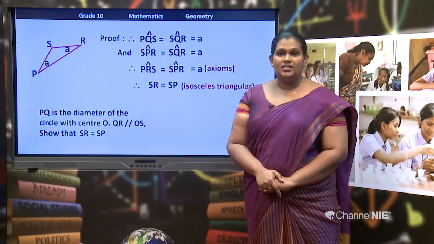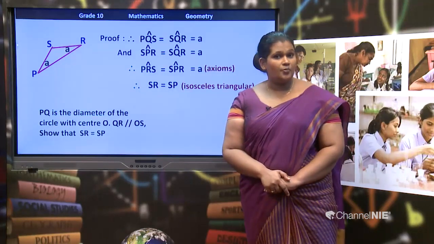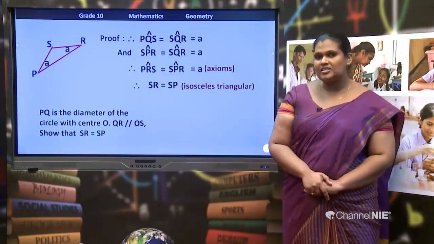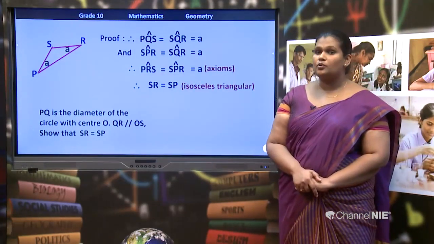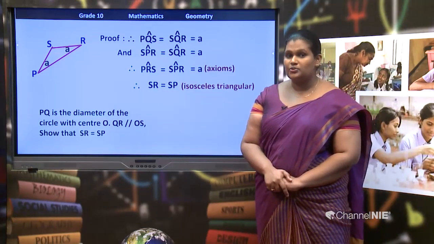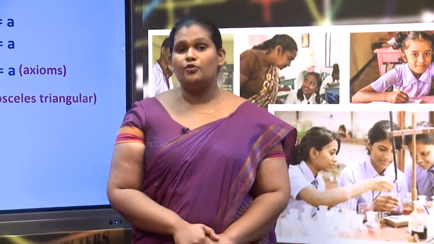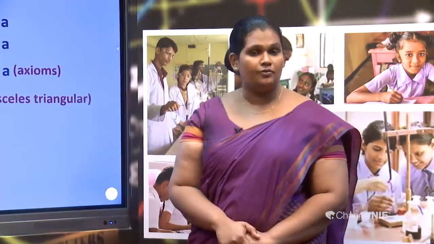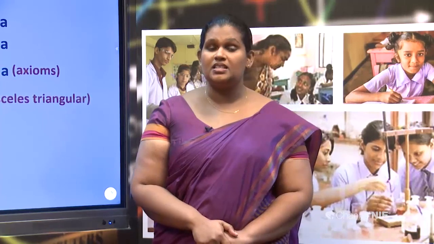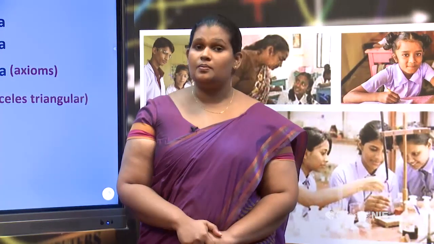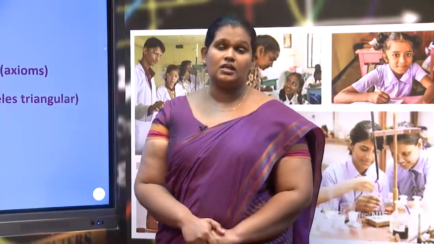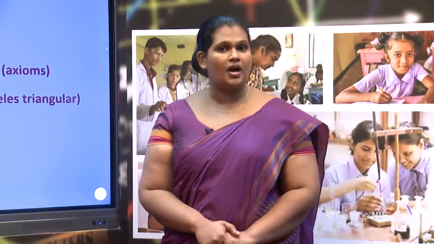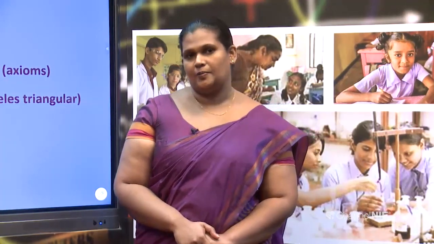Right. Now, in our previous lesson, we have discussed 3 theorems. In this lesson, we have discussed some questions on those 3 theorems. So, before winding up the lesson, I'll mention the theorems we have discussed. First one is the angle subtended at the center of the circle by an arc is twice the angle subtended on the remaining part of the circle by the same arc.